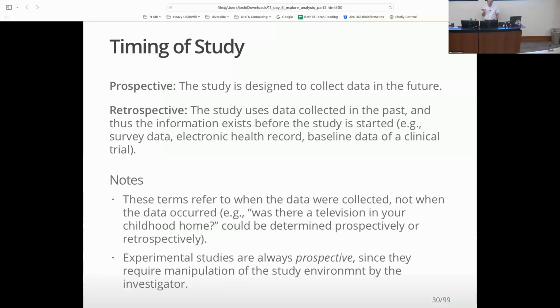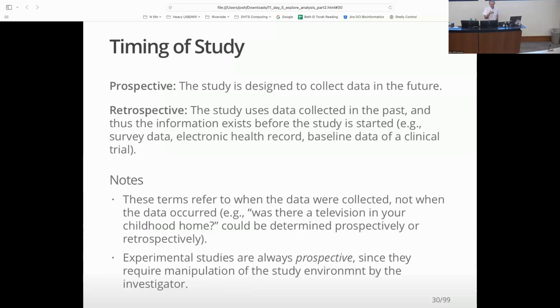The other thing to keep in mind, and this can be confusing, I get confused about this, is that whether it's retrospective or prospective refers to when the data was collected. It doesn't necessarily refer to events.